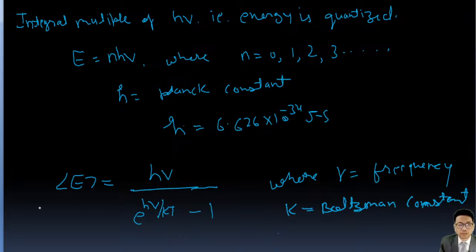So this is the average energy of the quantum oscillator that Planck has derived. So we are not going into the derivation part because that is not required for the exam we are preparing for.